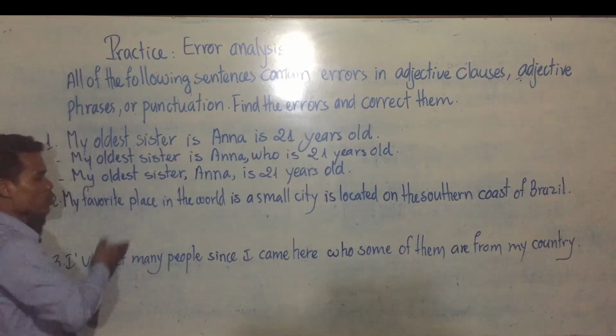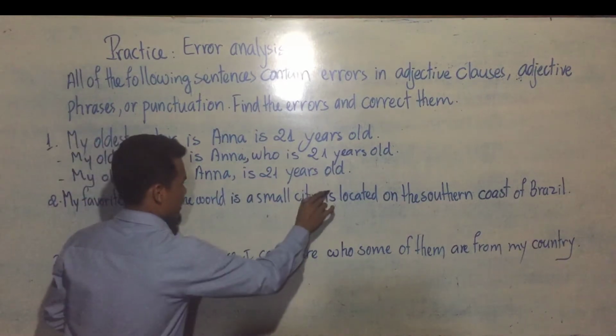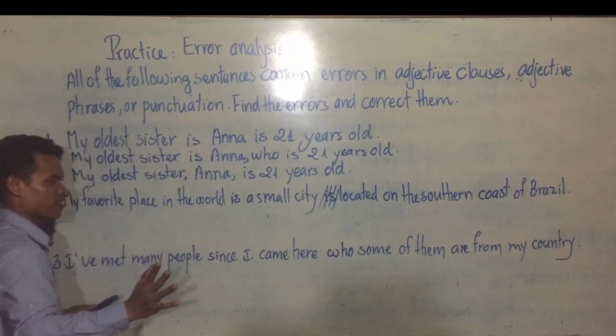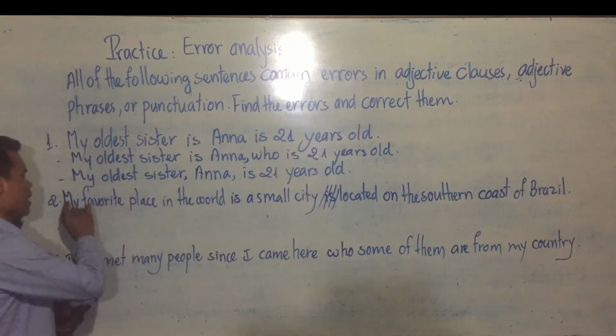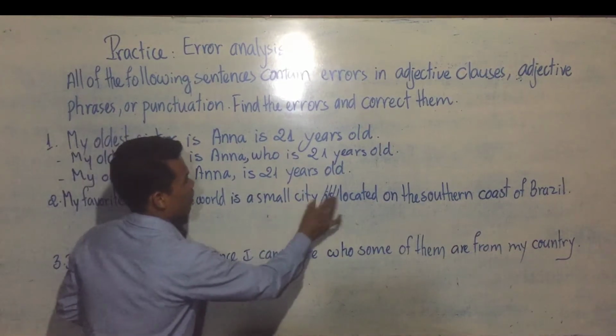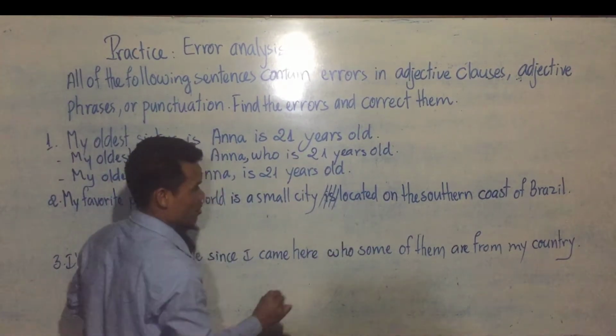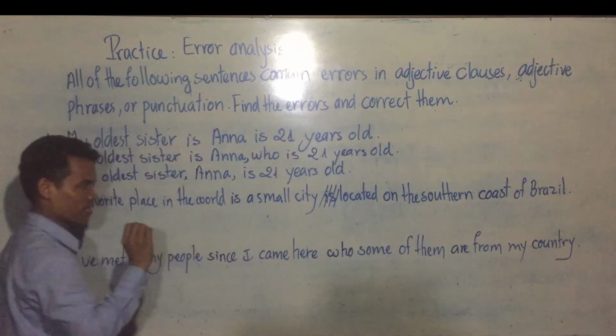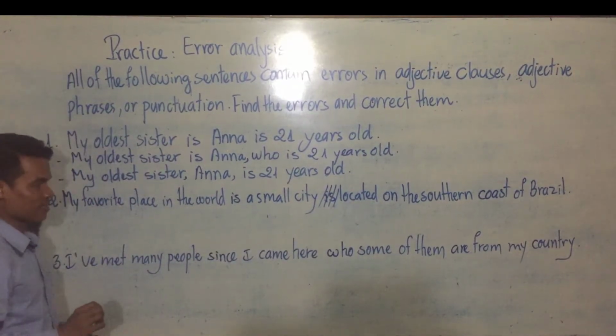The first one, you only delete it. Everything is done. So we can write, my favorite place in the world is a small city located on the southern coast of Brazil. One sentence after correcting the errors.